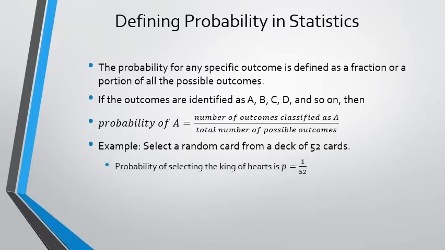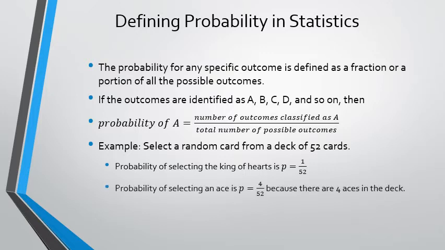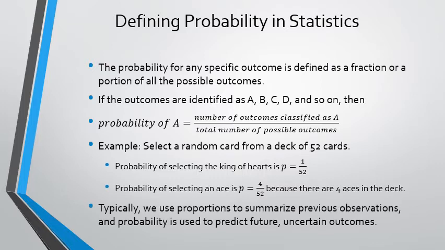The probability of selecting the King of Hearts is P equals 1/52 because there's only one King of Hearts and there's 52 cards. So the probability of selecting an ace would be P equals 4/52 because there are 4 aces in the deck out of 52 cards. So typically we use proportions to summarize previous observations, and probability is what we use to predict future uncertain outcomes.